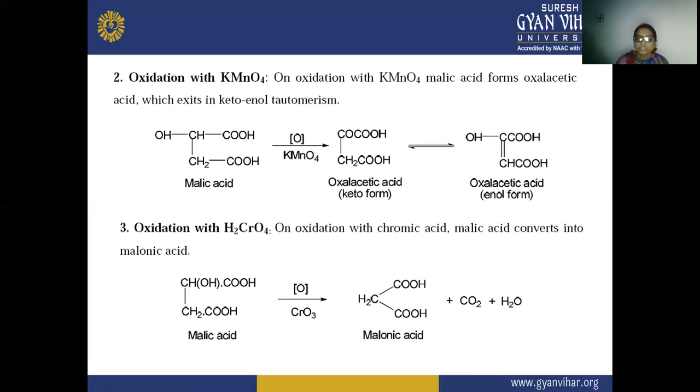It is oxidizing this malic acid to oxaloacetic acid, and this oxaloacetic acid exists in keto-enol tautomerism. So when malic acid is oxidized with KMnO4, there is a formation of oxaloacetic acid, which is the keto form and exists in keto-enol tautomerism. So there are two forms, the keto form and the enol form.